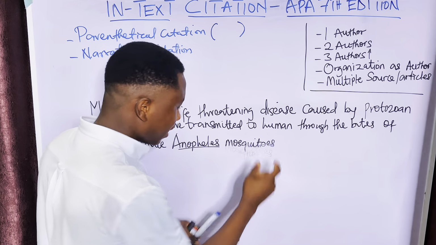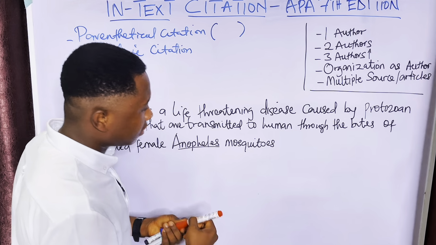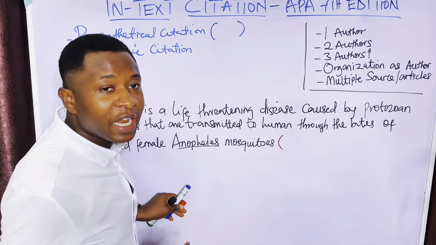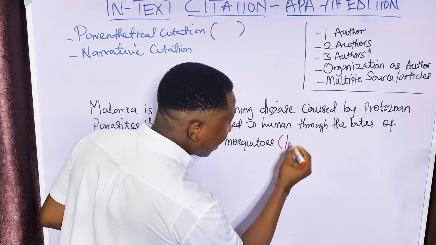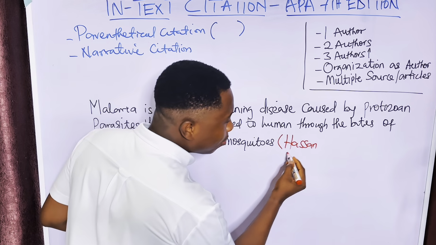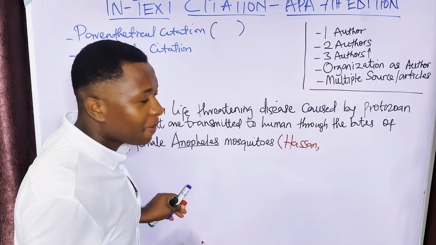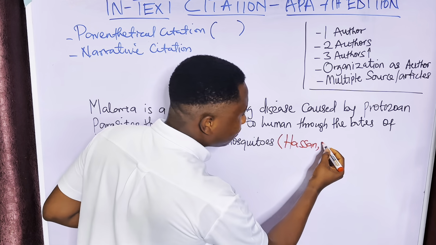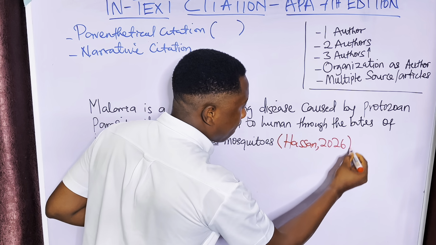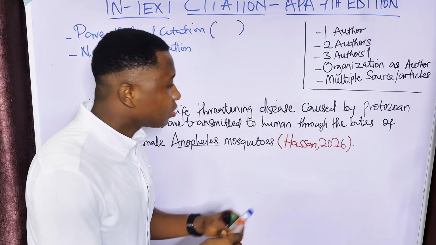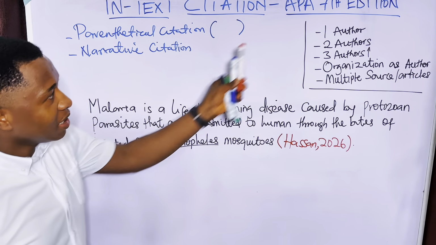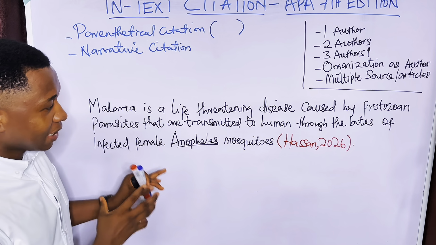At the end of the text, you open your bracket, then you input the name of the author. So we used Hassan. You write the name of the author and a comma, and then you include the year. Let's assume this study was carried out in 2026. Full stop. So this is how you cite one author in the APA 7th edition of citation.